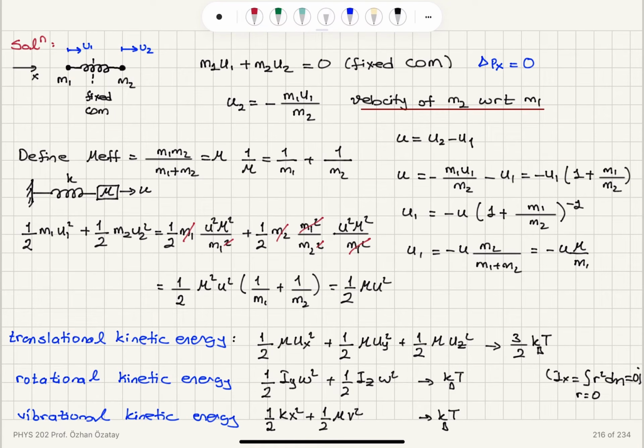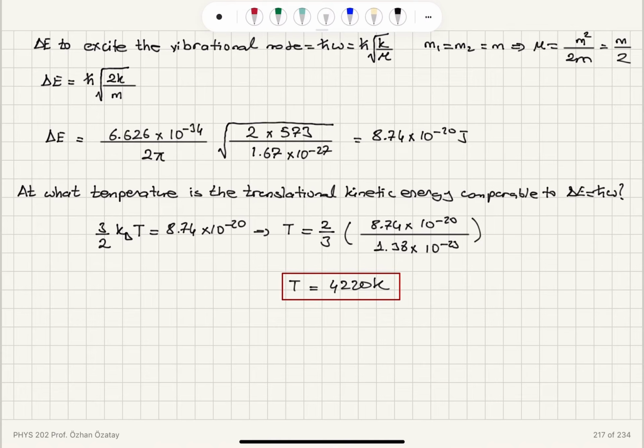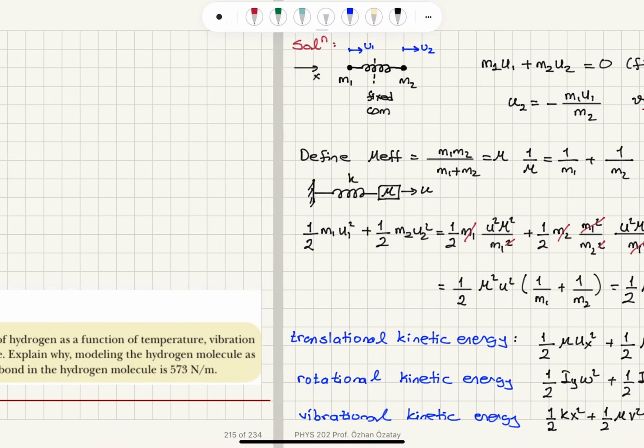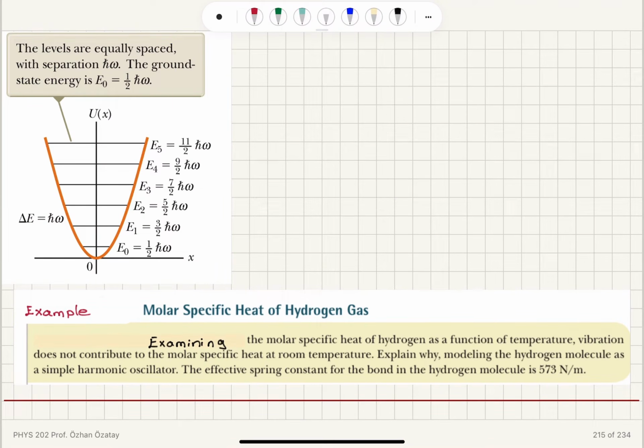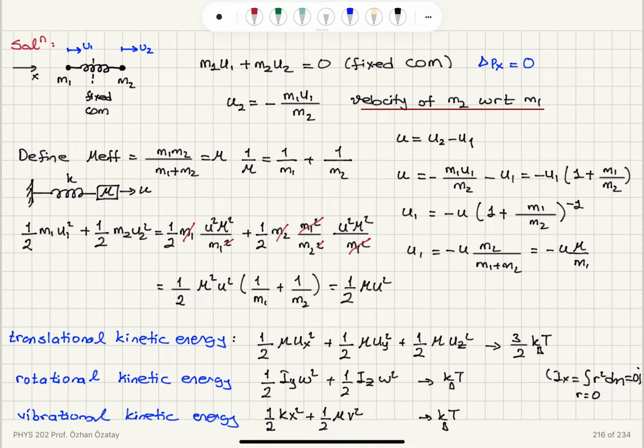The contribution from the vibrational part will then be effective. Okay, so we looked at the molar specific heat of hydrogen gas. Examining it, we see that vibration does not contribute to the molar specific heat at room temperature. We can explain this by looking at the hydrogen molecule as a simple harmonic oscillator, and the effective spring constant is 573 newtons per meter.